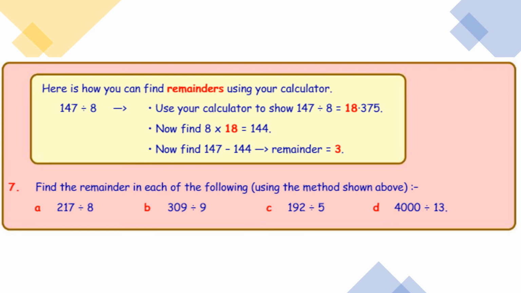You're just going to ignore the 0.125, take the 27, multiply it by 8, and whatever the difference is between your answer and 217, that is your remainder. Okay, again, this is optional. If you get to this point and think, oh, that sounds too complicated, just leave it, because this is just for fun. Okay, enjoy. Let me know how you get on.